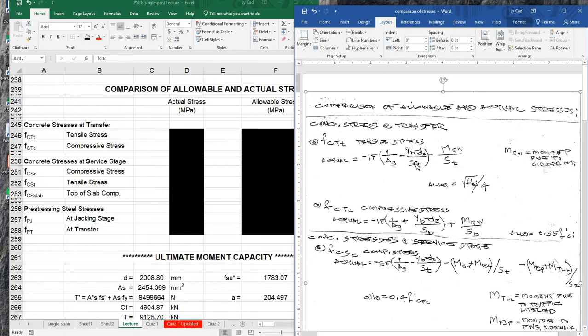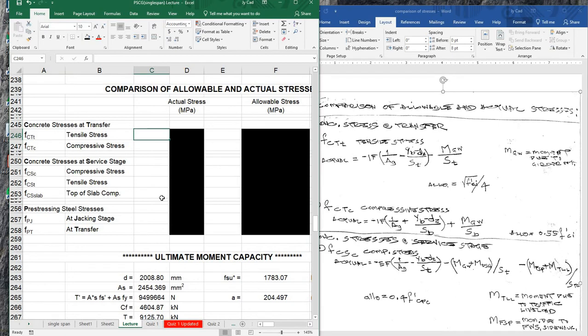Ito yung distance nung tendon from the neutral axis all over section modulus at top minus moment due to girder weight, ito yun, all over section modulus at top. Okay, so let us do this in Excel.